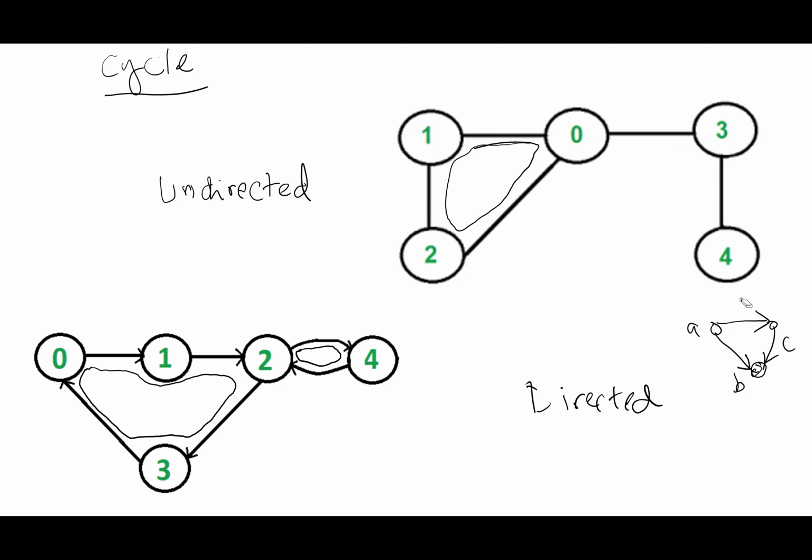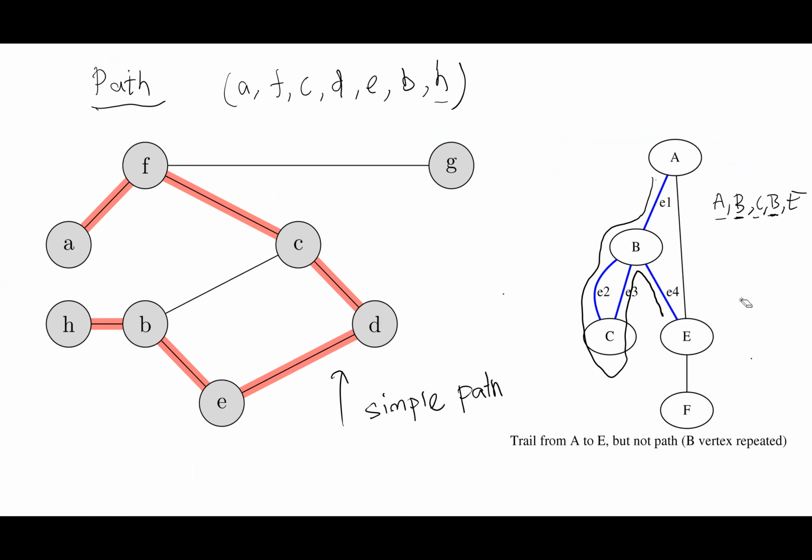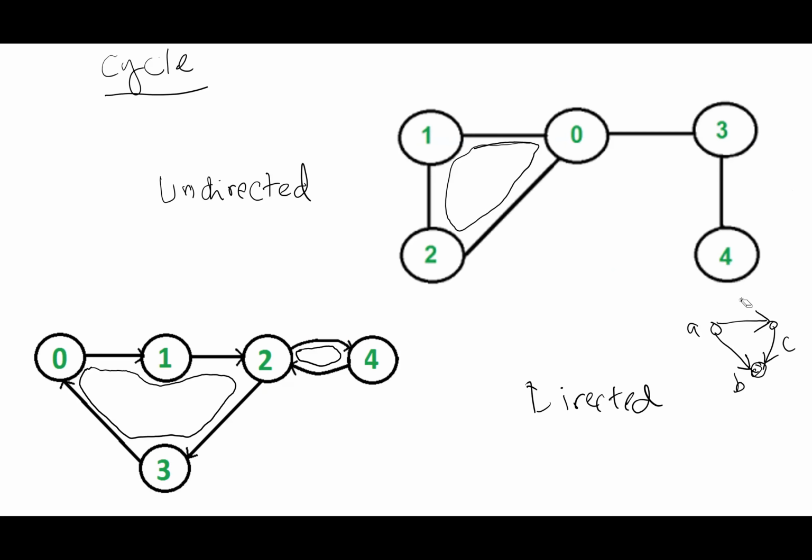And as we know, trees are undirected graphs, and trees cannot have cycles, right? Because in a tree, every edge defines a parent-child relationship. So if this was a tree, then one of these would have been parent and this would have been child.